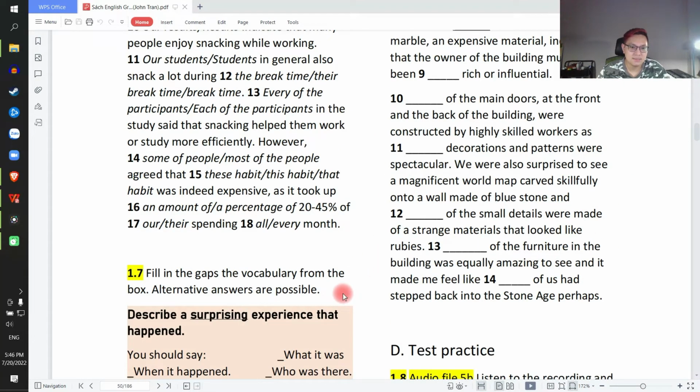Và đương nhiên là điền vào những khoảng trống này và những câu trả lời thay thế hay những câu trả lời khác cũng có thể đó nha, tức là nó sẽ có nhiều đáp án. So there might be several different answers. So that's why the alternative answers are possible. There can be several different answers. Có thể có nhiều cái câu trả lời khác nhau.